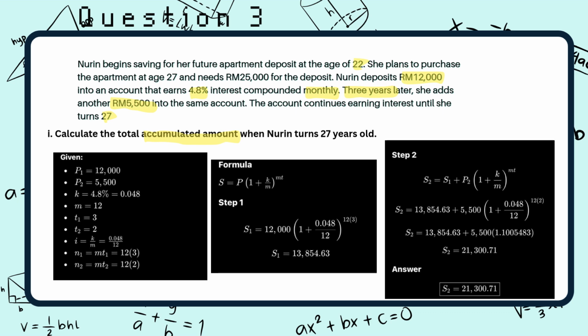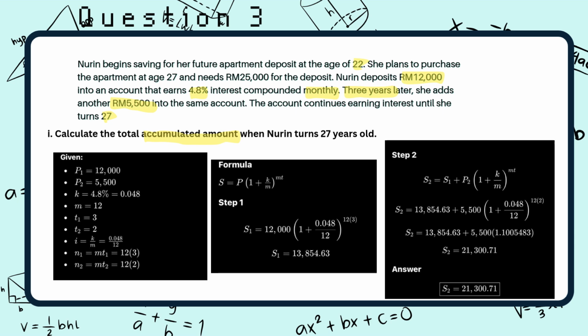K is the annual interest rate, 4.8%, equal to 0.048. M is the compound periods per year, which is monthly here, so it is 12. T1 is 3, T2, T stands for time, so T2 is 2.